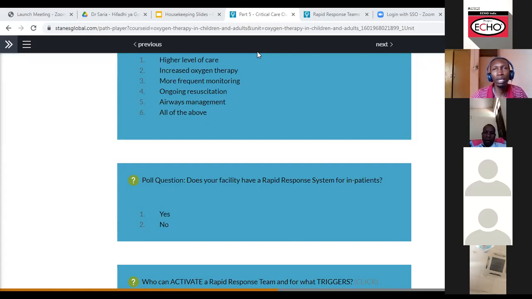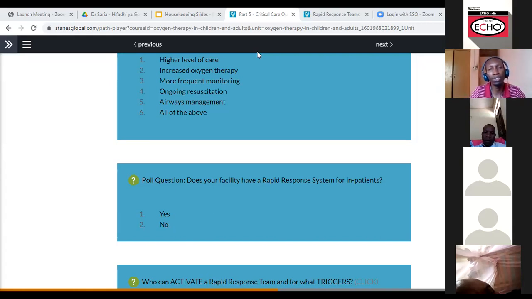That would be my recommendation for this. Not yes, very few have it, a lot of us don't have it, almost 70%. So for those of us who do not have it, I think it's high time to think that we should have these specific teams to avoid failure, end organ damage, or more deterioration of the patient who might have a chance to get better.